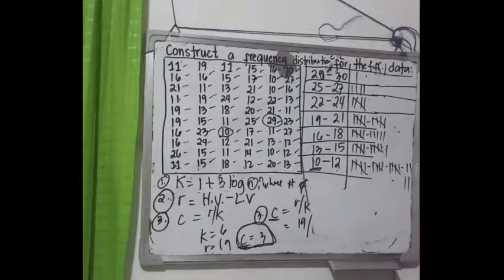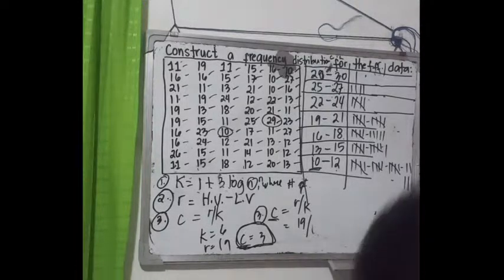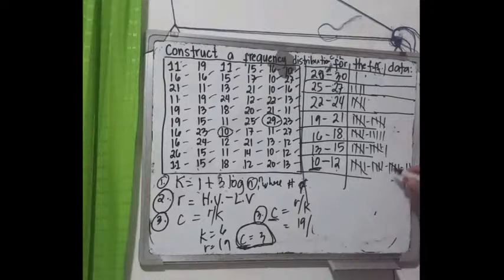So, let's check. If we summarize or count the total frequency, the result should be 18. So this one is 19.